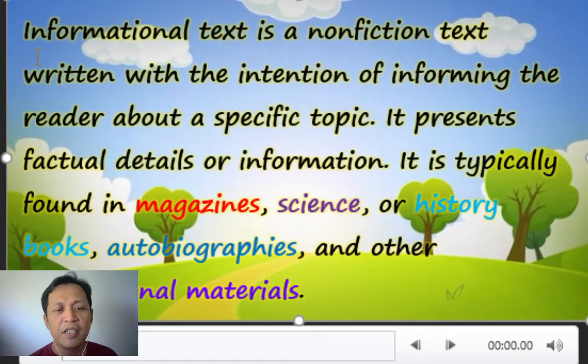Informational text is a written article that could serve as a source of information. Information means it is very factual, it is true, it is correct, and it is based on research.